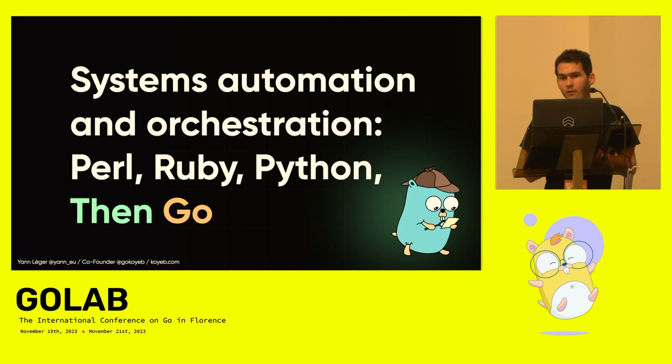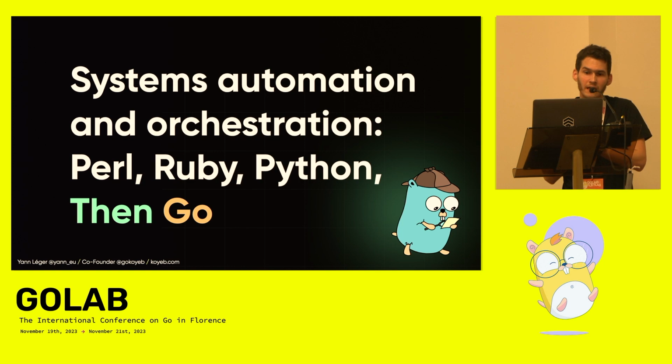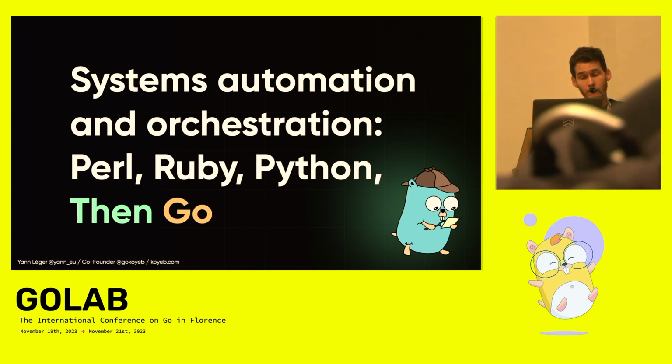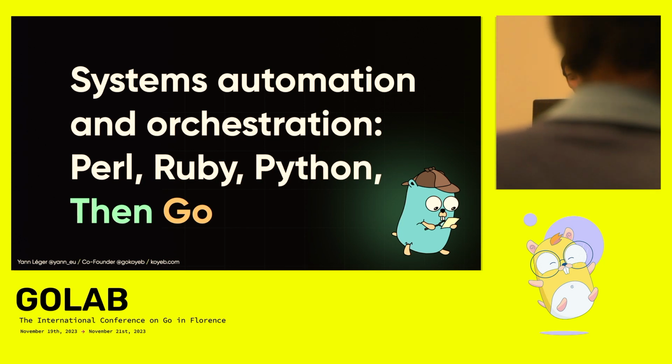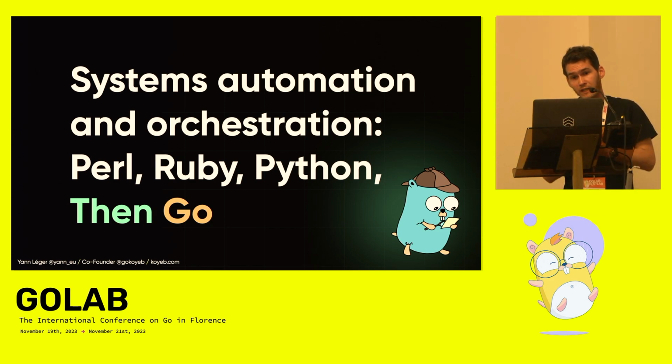So now, if we briefly look at the history of automation and orchestration, there are also changes. My feeling and what I saw is that it went from Perl to Ruby to Python and to Go.